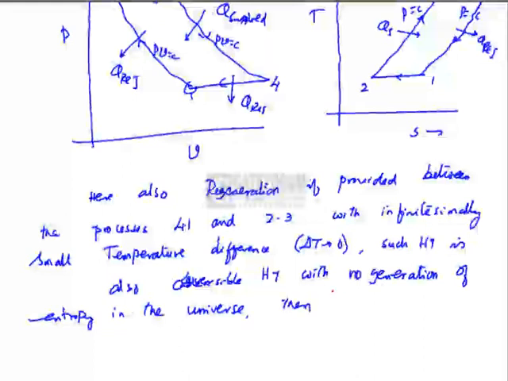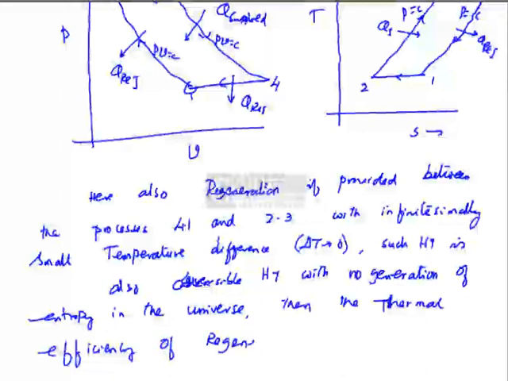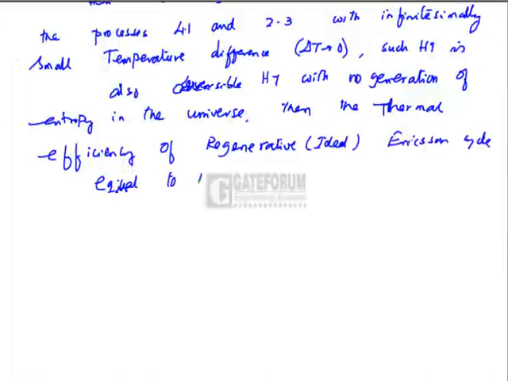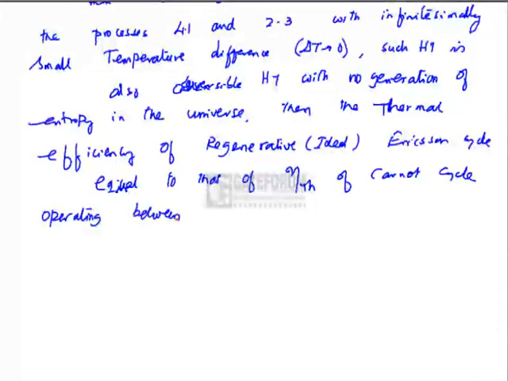Then the thermal efficiency of ideal regenerative, more correctly, Ericsson cycle is equal to that of thermal efficiency of Carnot cycle operating between same temperature limits.